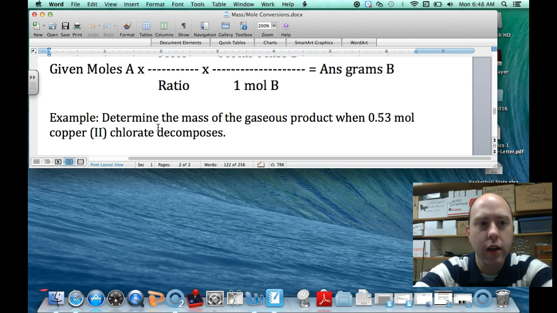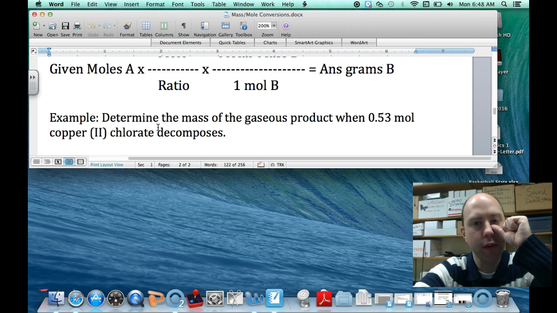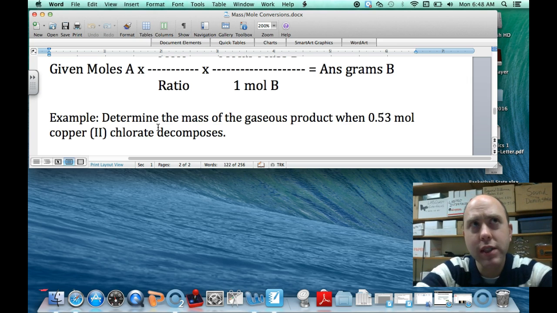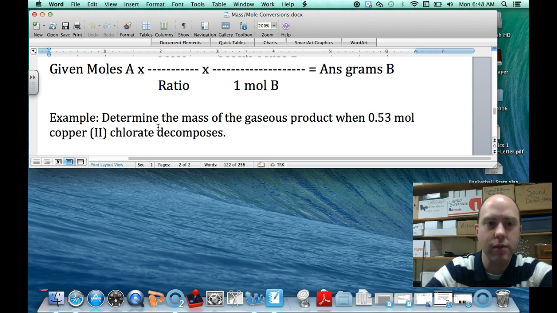You make metallic chlorides. In this case, the metal will be copper 2, so it'll be copper 2 chloride plus oxygen. And then it says, figure out the gaseous product. Well, think, which is the product that's a gas? Is it the copper 2 chloride or is it the oxygen? Common sense says, yeah, it's the oxygen.